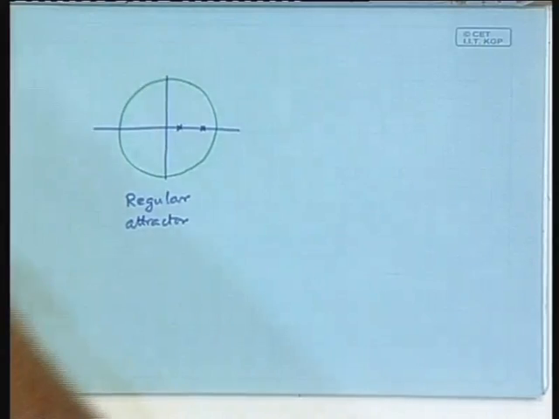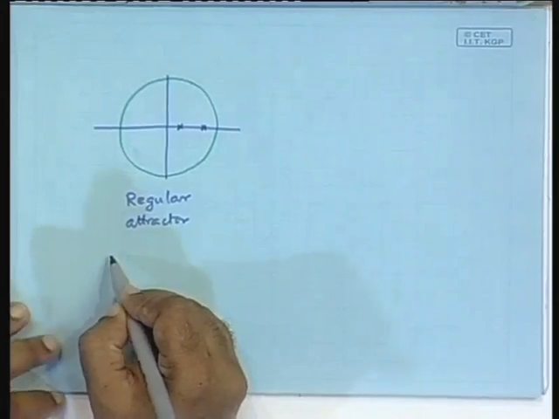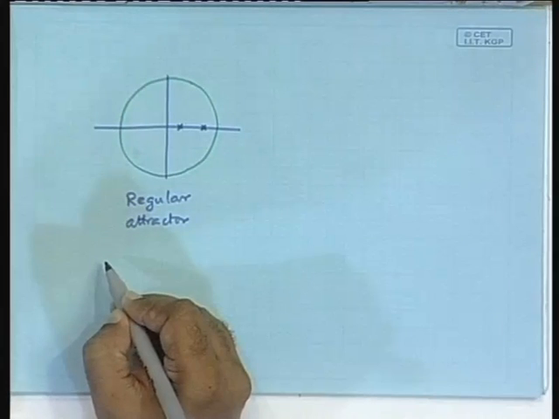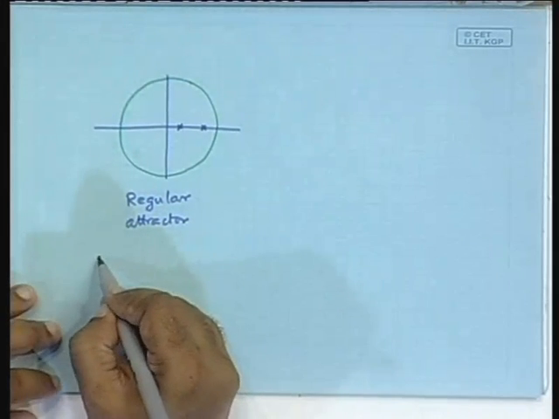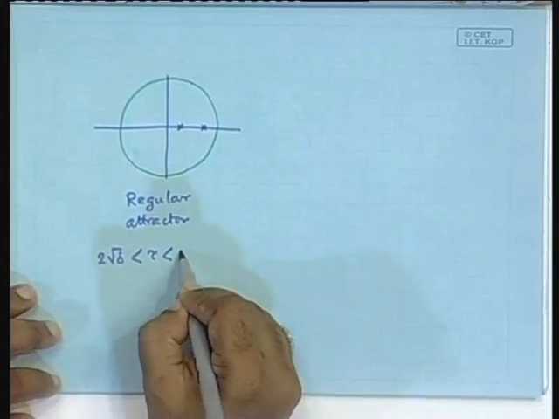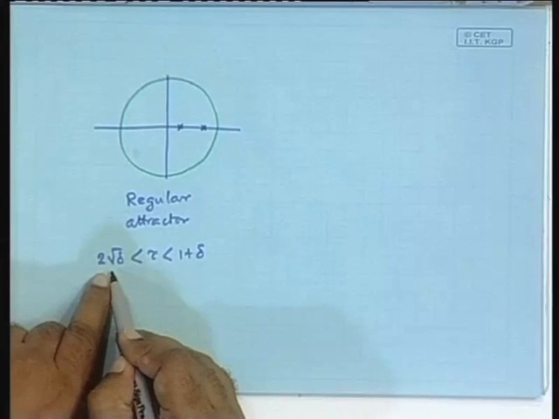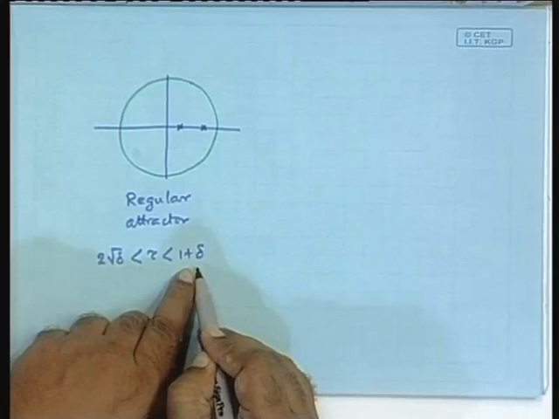From what we have already derived, when will that happen? Regular attractor. Firstly, it should not satisfy the complexity condition, and secondly, it should be stable. So, the stability condition is that it will be between minus 2 root delta and plus 2 root delta, right. This is where it becomes complex and this is where it loses stability.